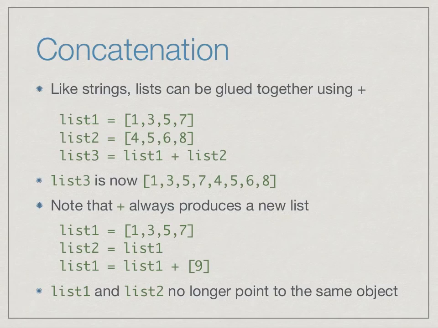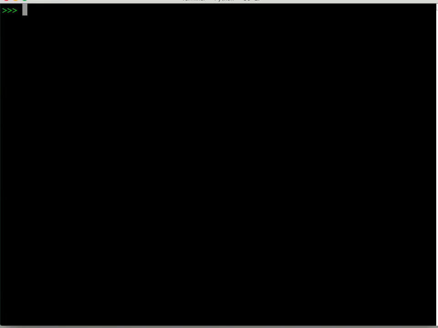Let's just confirm this. So in the Python interpreter, let us set up list1 equal to 1357 and say list2 is equal to list1. Then as we saw before, if we say list1 is list2, we have true.